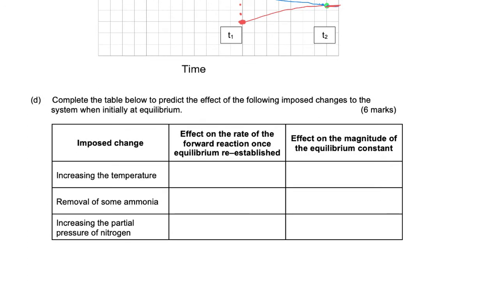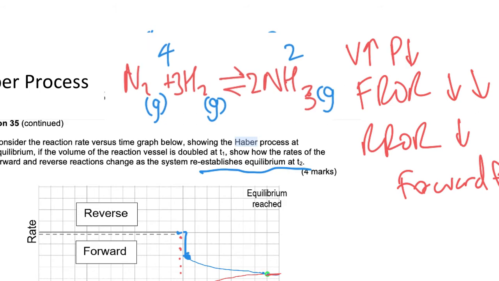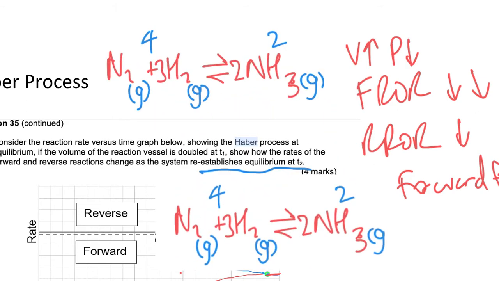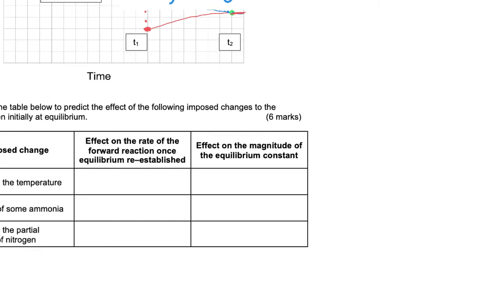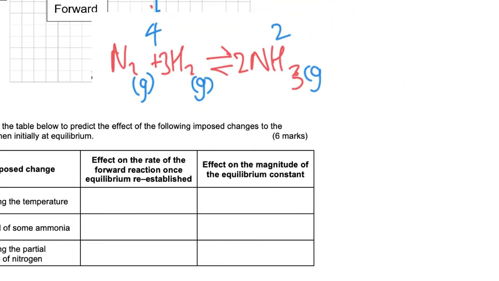Let's go through this next bit. Okay, complete the table below to predict the effect of the following imposed changes on the system when initially at equilibrium. Okay, so let's go grab the equation. Yep, and let's move that down here. Where'd it go? Here it is. Okay, cool. Let's just leave that there.